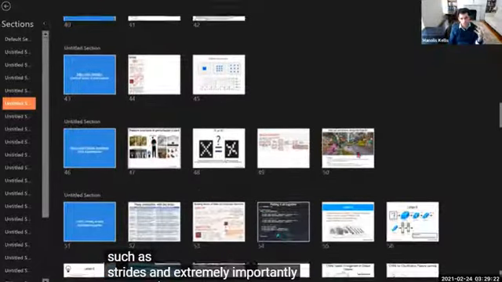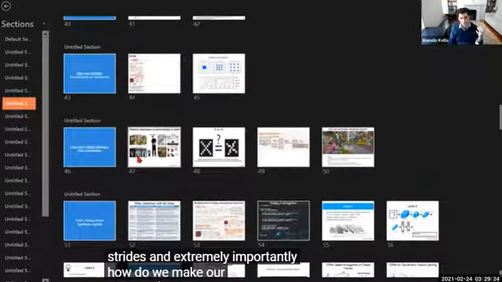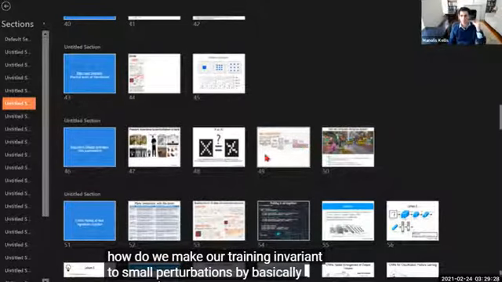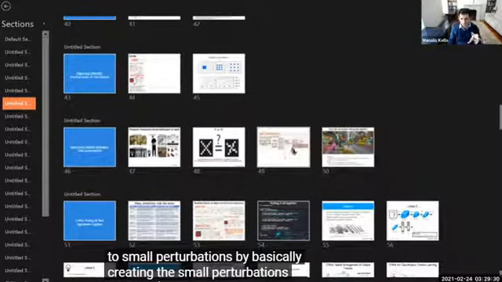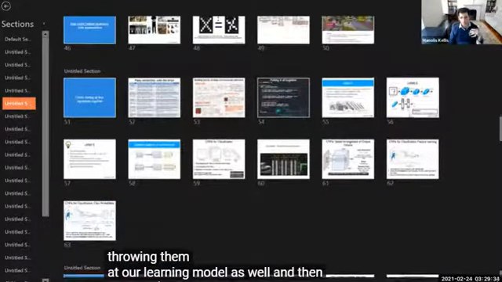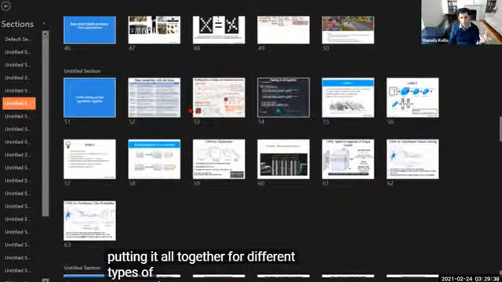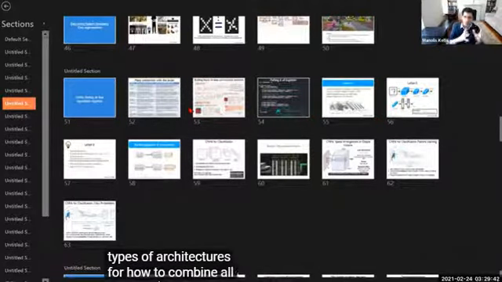And extremely importantly, how do we make our training invariant to small perturbations by creating the small perturbations and throwing them at our learning model as well, and then putting it all together for different types of architectures for how to combine all of those primitives.